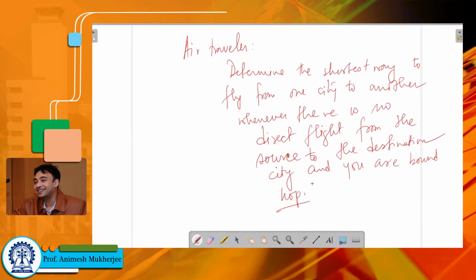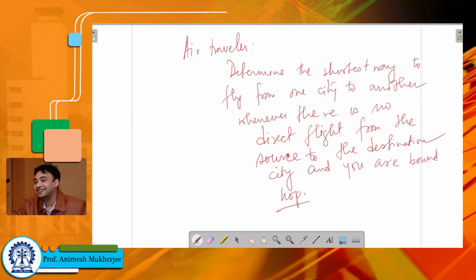Both these problem instances can be framed as a weighted graph, as we have discussed earlier, where the edges are directed, showing the flight connectivity or the flight route, and each edge has a weight. The weight could be the time to travel, the distance, or also the price that you have to pay for that travel.